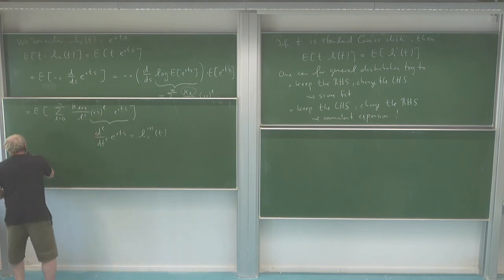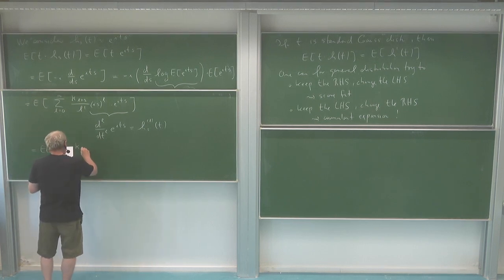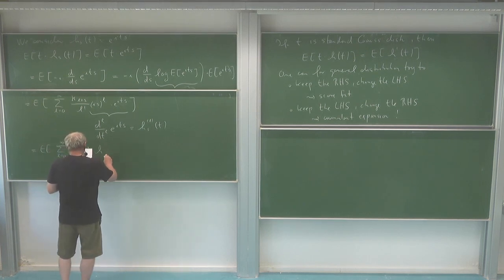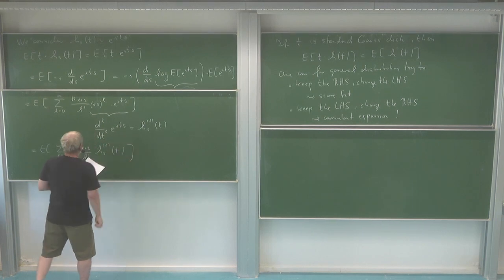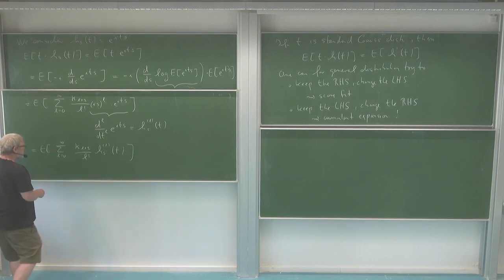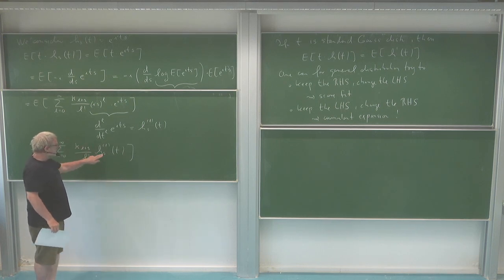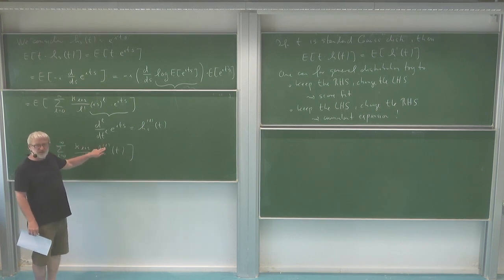So what I have in the end is the expectation of the sum over L from 0 to infinity of kappa L plus 1 divided by L factorial, and of my original function, I take the Lth derivative. So you see the effect of multiplying with t on my function h_s is that I'm taking linear combinations, with those coefficients, of derivatives of all orders.